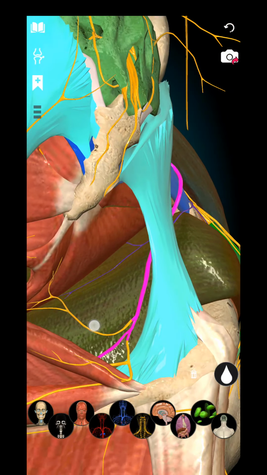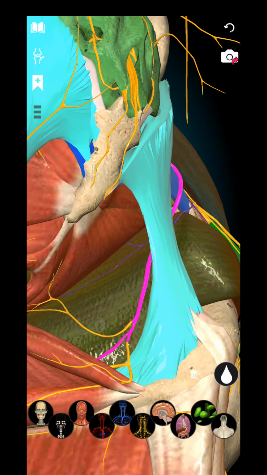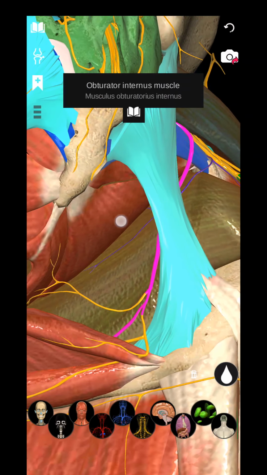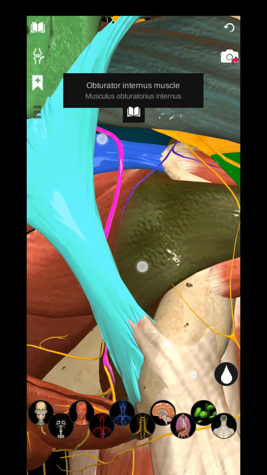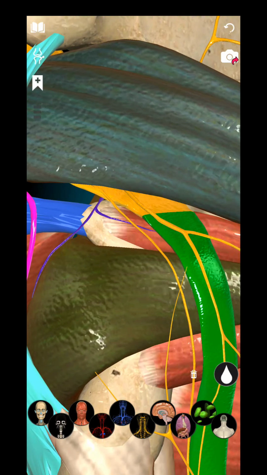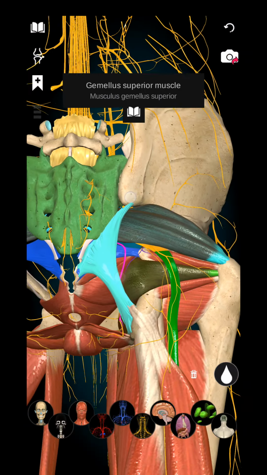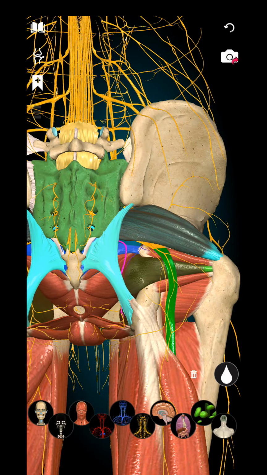Here you can see it is going on the deeper surface of which muscle? Obturator internus, and that is how it supplies the obturator internus. And along with obturator internus, it will supply the muscle lying above obturator internus, which is your superior gemellus, right?